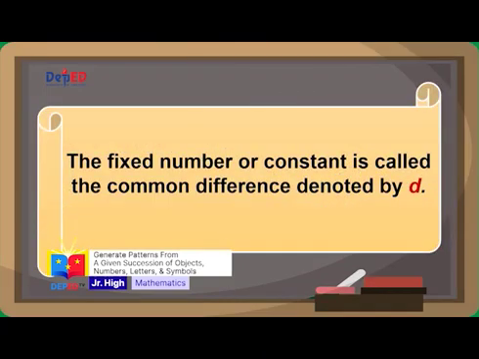And the fixed number or constant is called the common difference, denoted by the letter d.